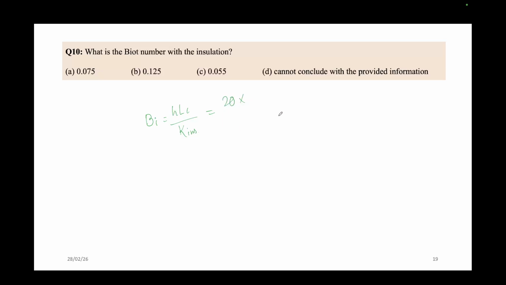So you need to find out this Lc. This Lc is r by 2, as we got, but here this r should be 2.5 by 2 because it is the outside radius. So that is 1.25 mm.